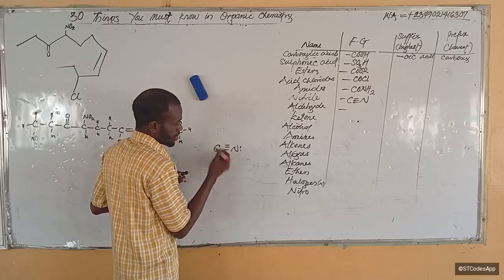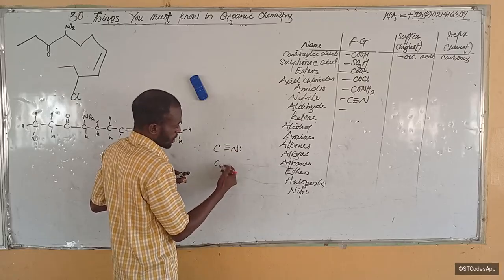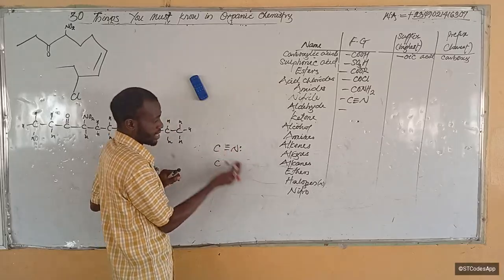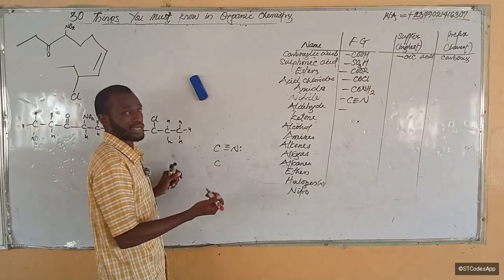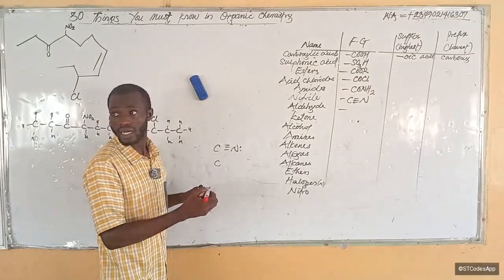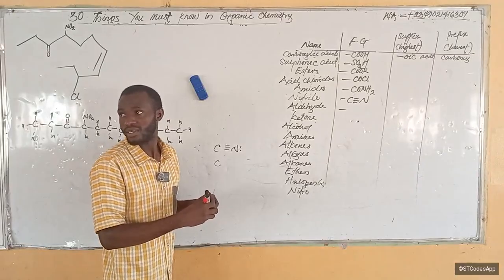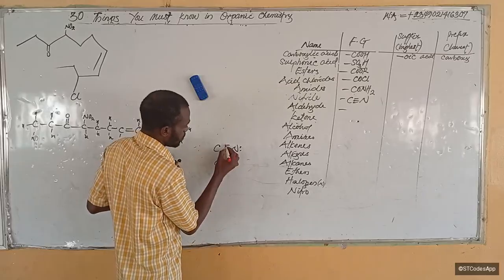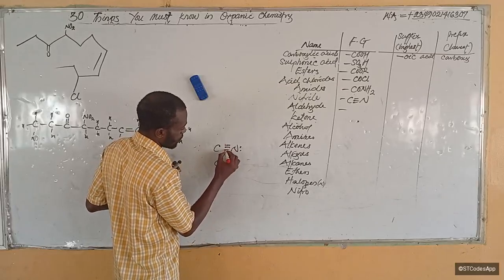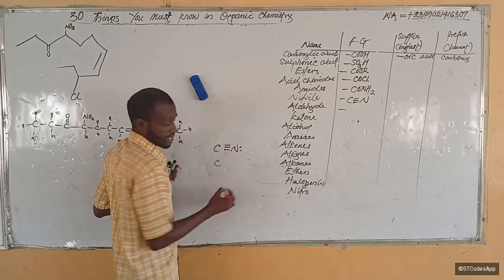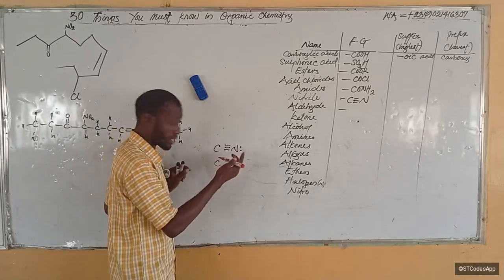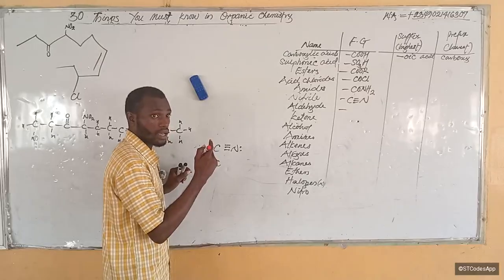How do I know it has a lone pair? If you count the octet structure, it's going to look like this: 1, 2, 3, 4, 5, 6, 7, 8. So that's how I know that it has a lone pair.